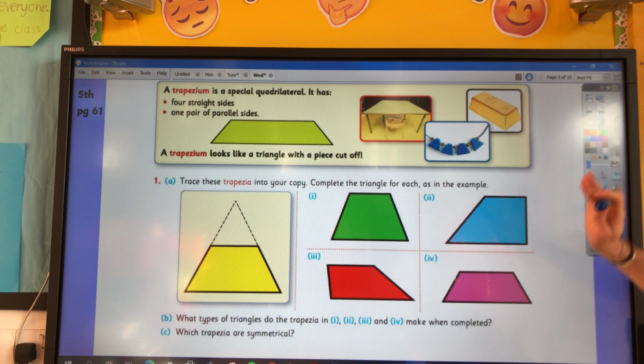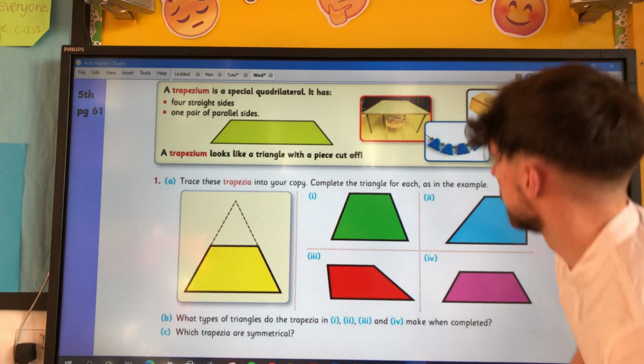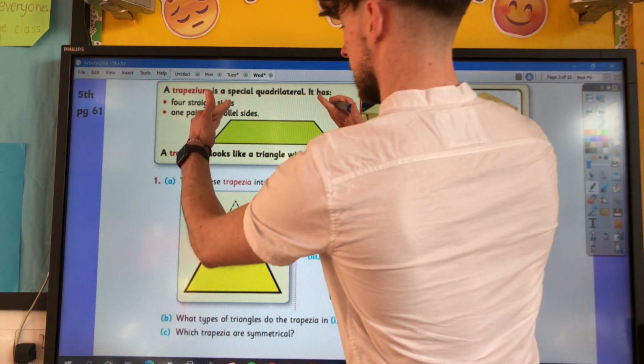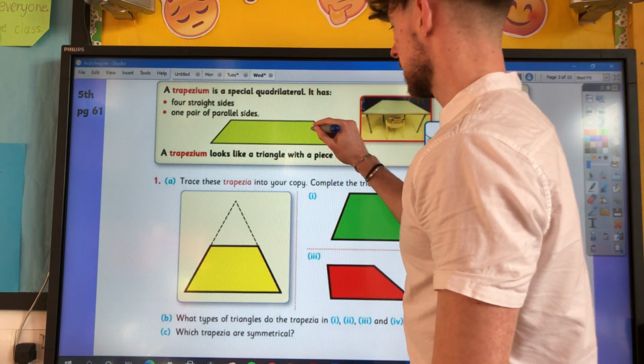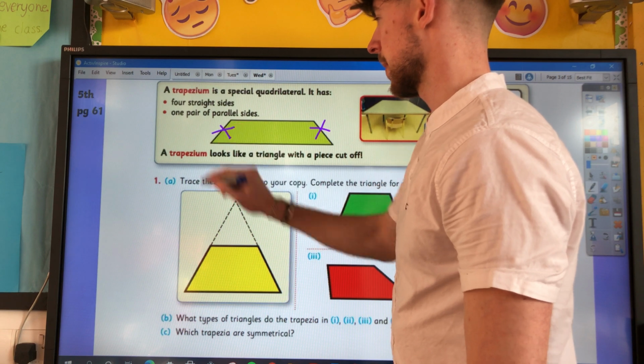Then page 61, we're going to fly through these. A trapezium is a special quadrilateral that has 4 straight sides and 1 pair of parallel sides, right? These sides here are going to meet at some point, so they are not parallel.